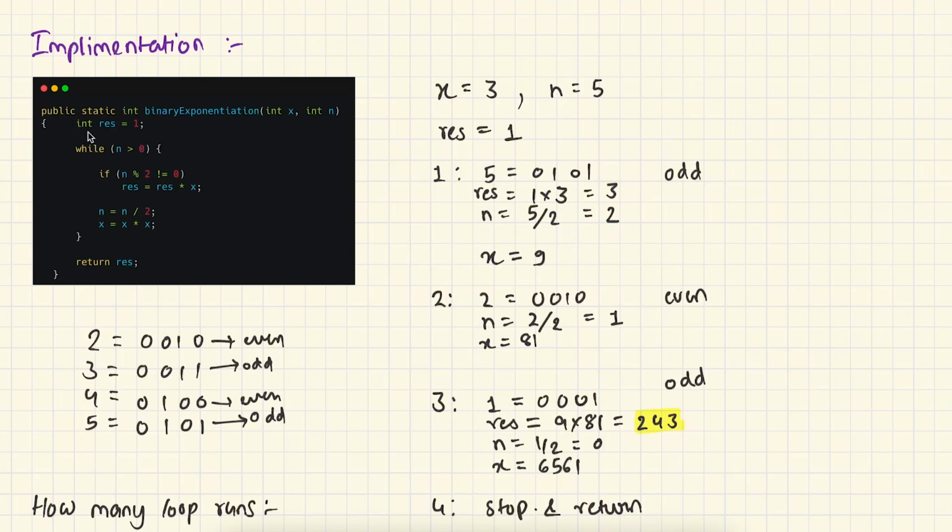So in first line, we are initializing our result variable to 1, and then we are running a loop while n is greater than 0. It means we run a loop till n becomes 0. And in first line of while loop, we are simply checking if n is odd or not. And how are we checking n is odd or not? It simply means if the last bit is set, a number is odd.